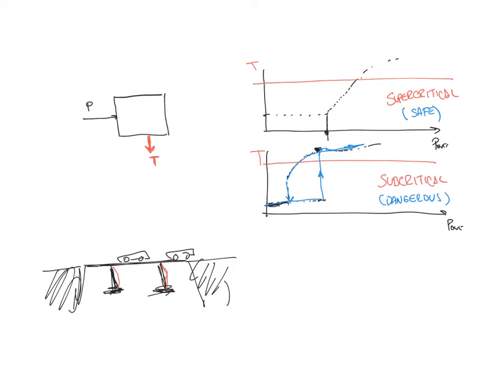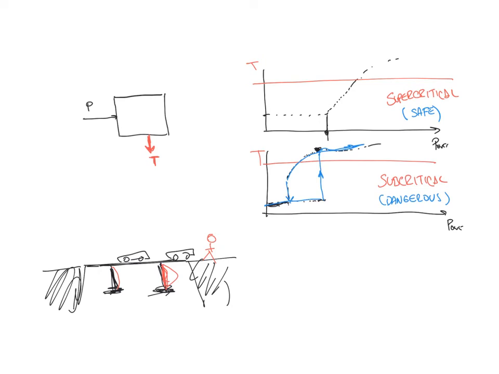Bridges, I suppose, are designed with huge safety margins, hopefully. But you can also have a subcritical condition in which everything is perfect. You put something beyond the permitted load, and then you have a huge buckle and everything fails. This is the end of the story.